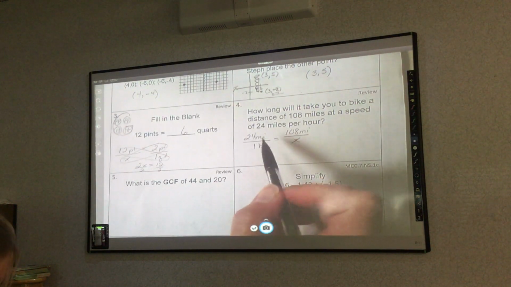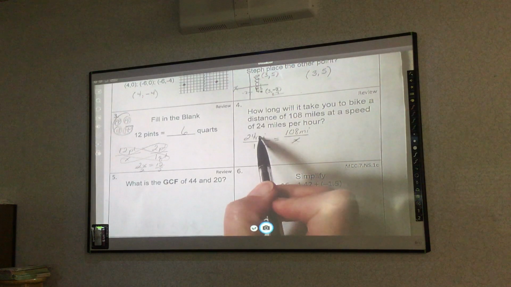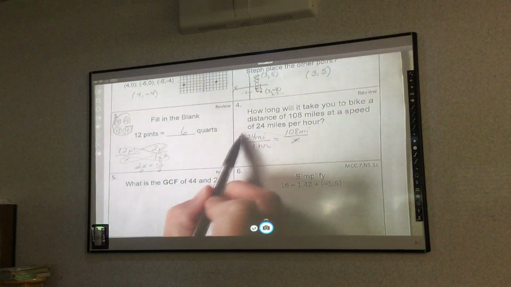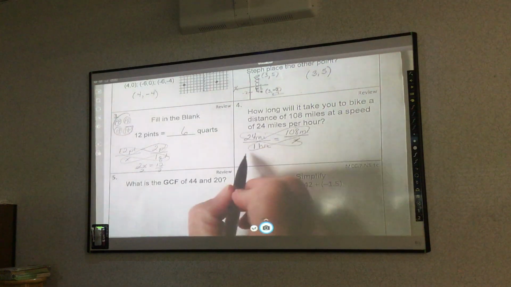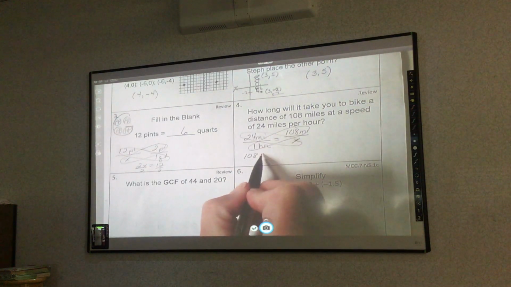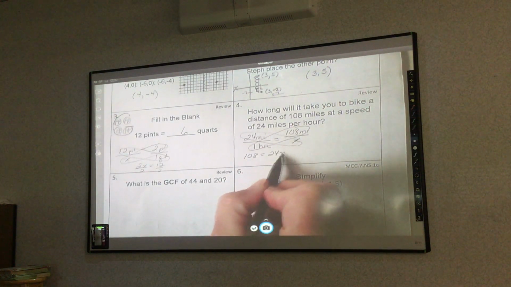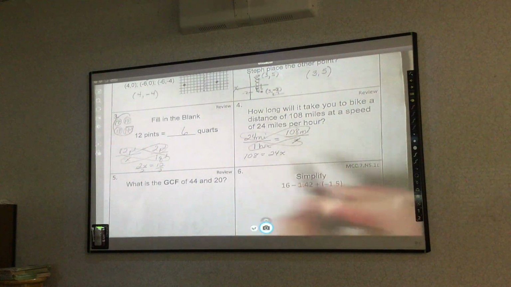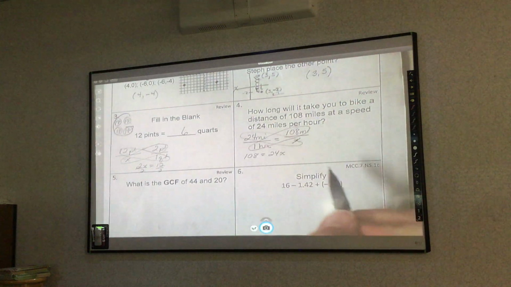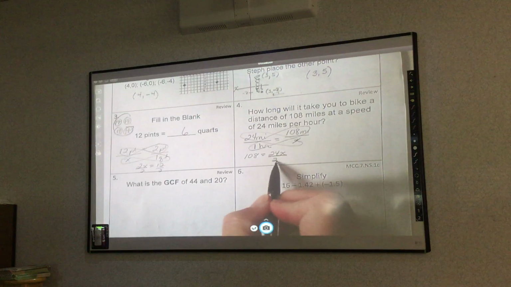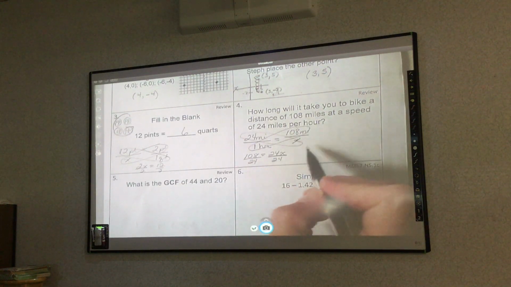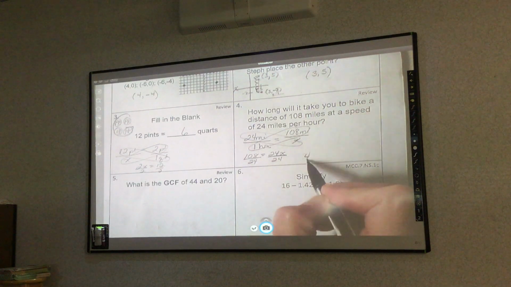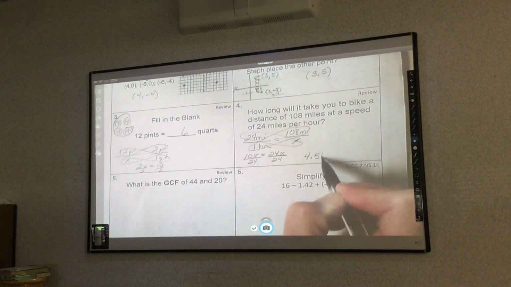I don't know from here to here, so this is where we're going to do the cross multiplication. So I have 108 equals 24x. Or I can write 24x equals 108. It doesn't matter which side you have. Then I'm going to divide by 24 to both sides. And when I take 108 divided by 24, I get 4.5 hours.